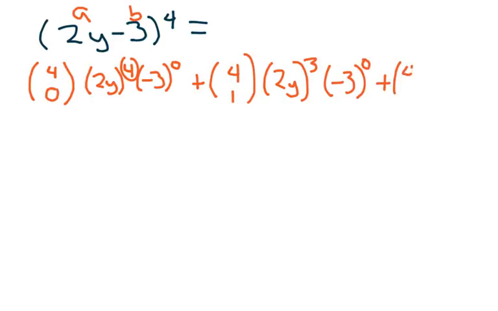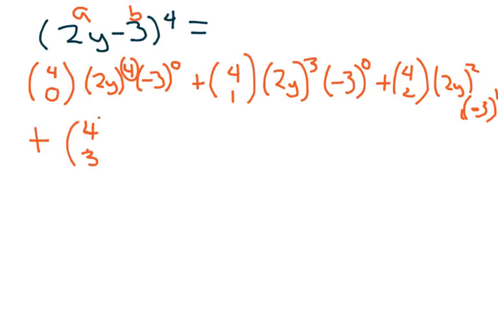Plus 4, 2, 2y squared. I knew I didn't have room. Times negative 3 to the first power. Plus 4, 3. So we're going up 1 here. We keep the 4 the same.